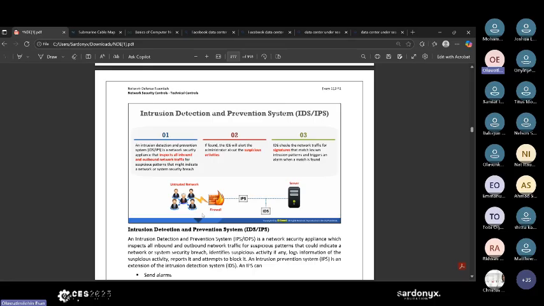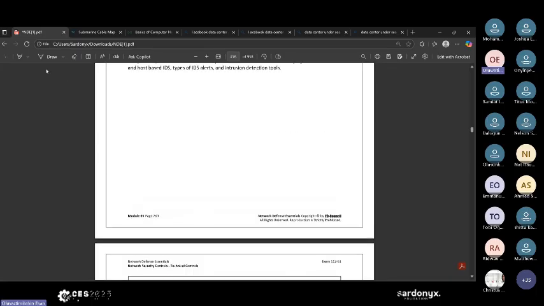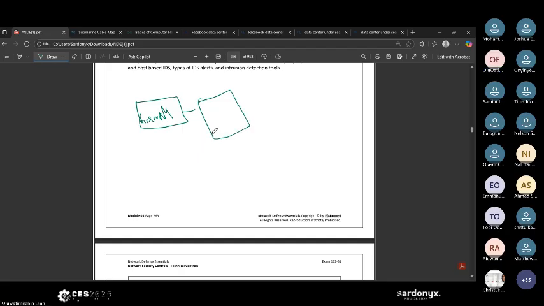Now, there's a difference between a firewall and IDS or IPS. I'll put IDS and IPS under one category.